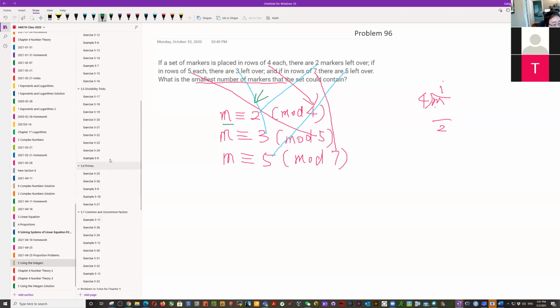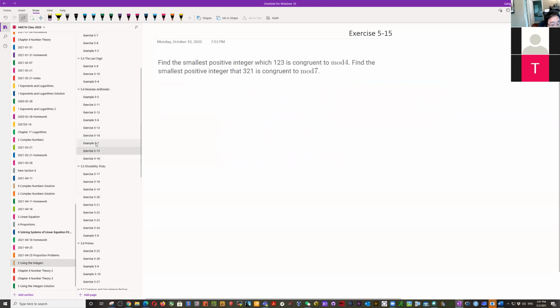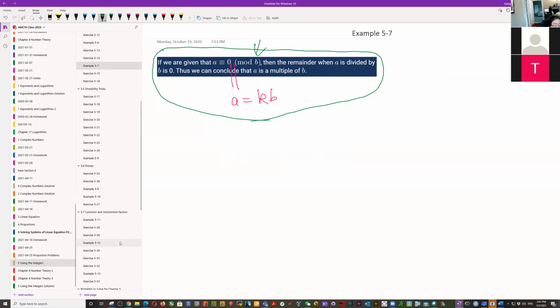This you have to remember very clearly, because this is very, very important for any modular number. If a number is congruent to 0, then that number is this modular number's integral multiple. So that's extremely important, extremely important.